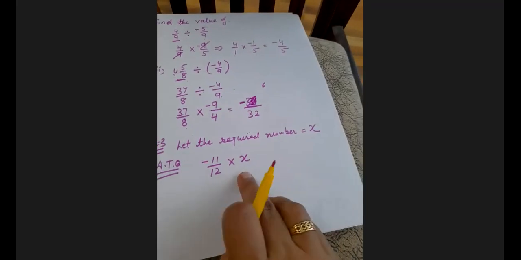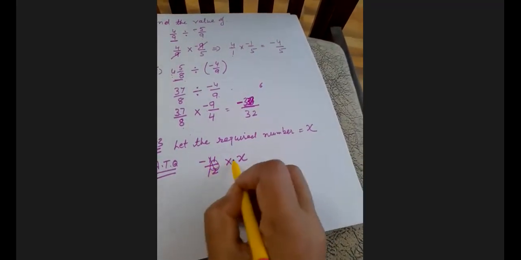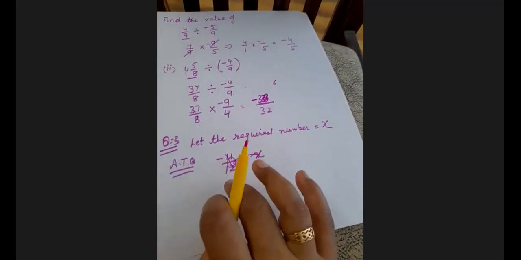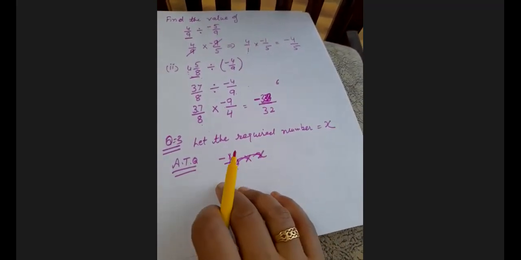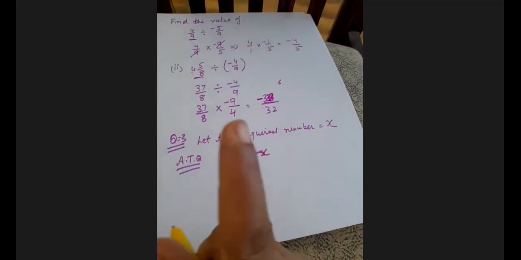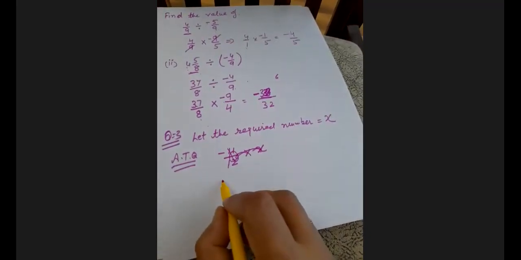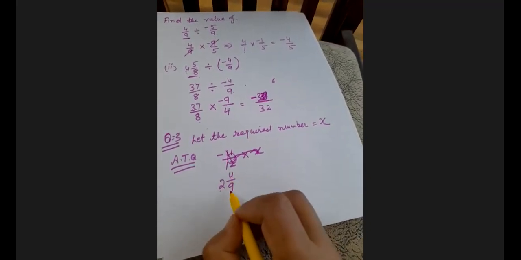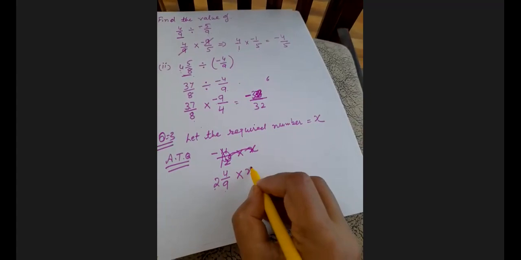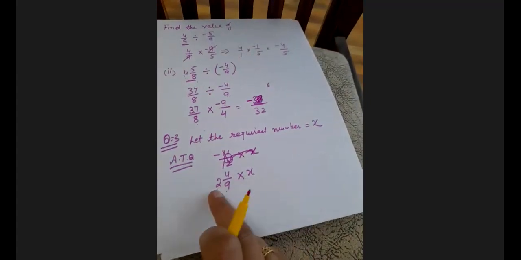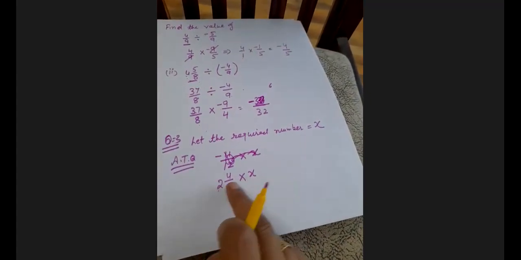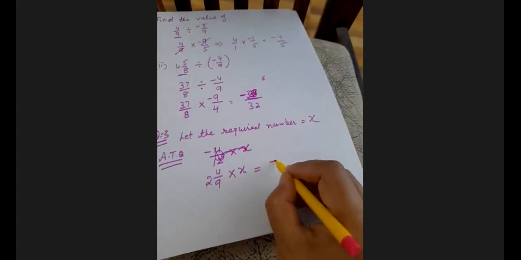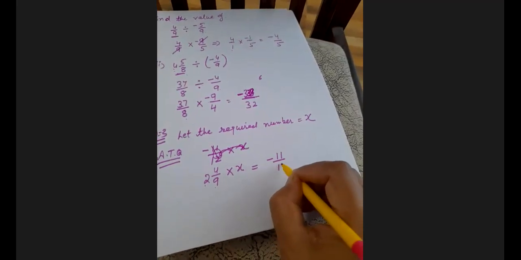Product of two rational numbers is minus 11 upon 12. If one of them is 4 upon 9, first number 4 upon 9 multiply by x. The product of these two rational numbers is minus 11 upon 12.